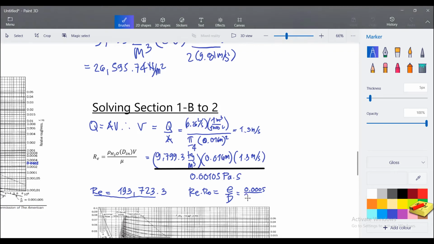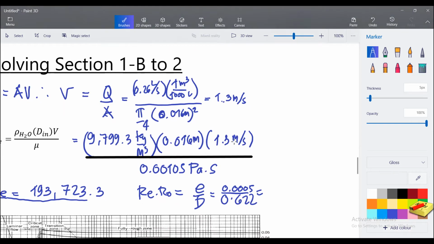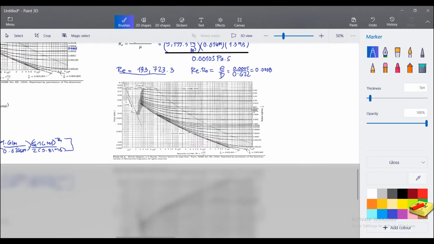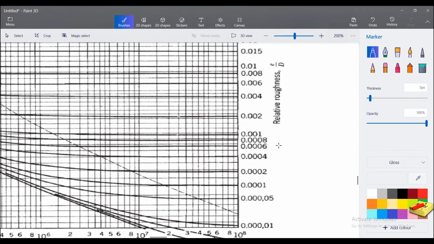So that is 0.622. So we have the value. So we have the relative roughness of 0.0008. So let's check this one. So ito yon. Okay.